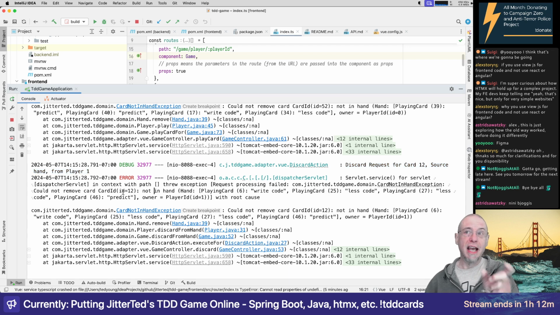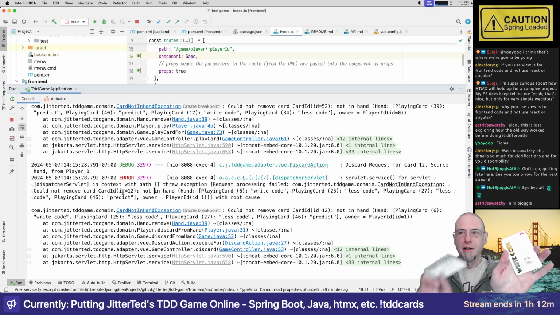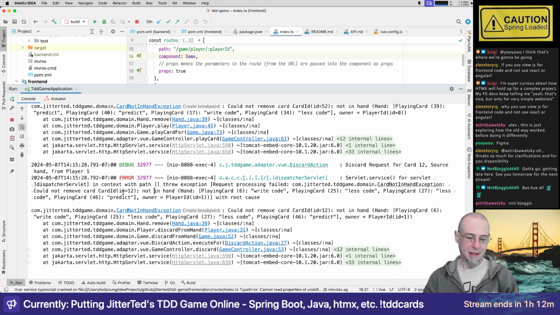So each card has its own ID, which is interesting. Each card is unique. Just like in the physical game, there's a write code card and there's another write code card, but they are two different cards, so they get two different identifiers.